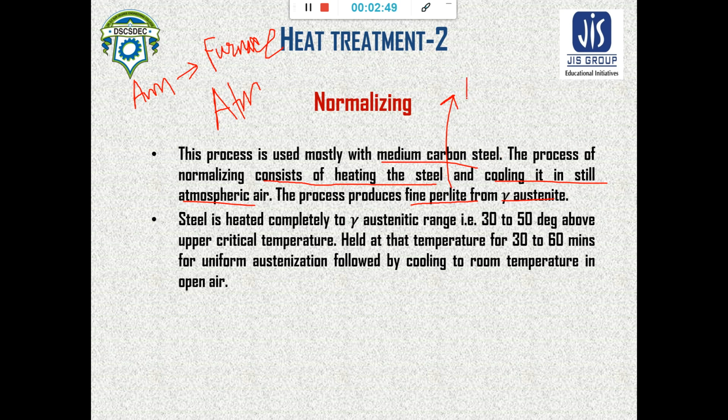So perlite is a mixture of cementite and alpha ferrite. It is a mixture of Fe3C, that is cementite, a compound of iron and carbon, and ferrite. What is ferrite? Ferrite is a solid solution of carbon in iron, right?